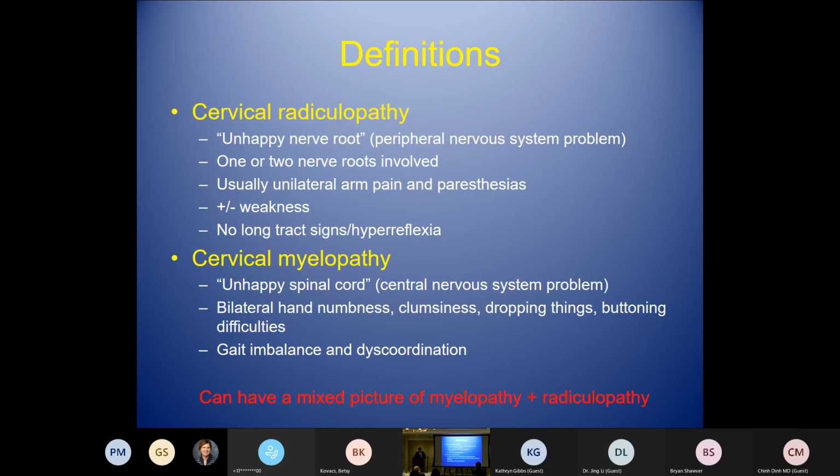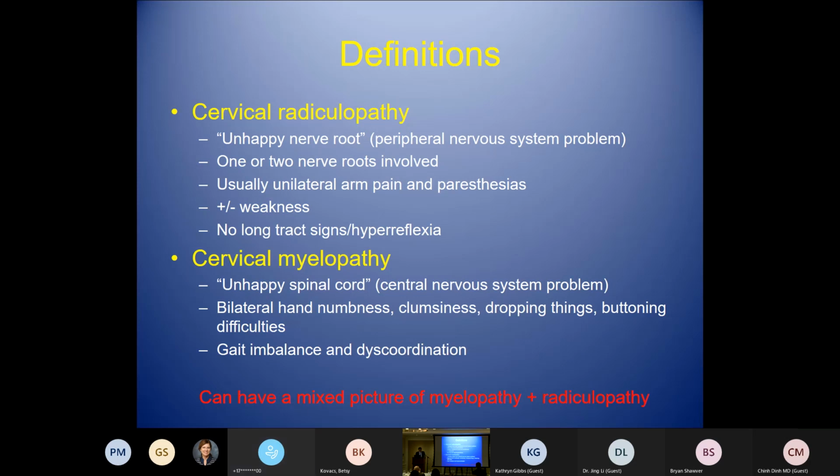And there's occasionally paresthesias involved as well as weakness in that arm. These patients typically don't have the long track signs, hyperreflexia, discoordination, things that go along with a central nervous system problem like cervical myelopathy. Cervical myelopathy is an unhappy spinal cord, which is a central nervous system problem, right?